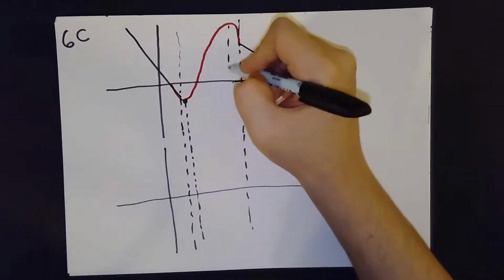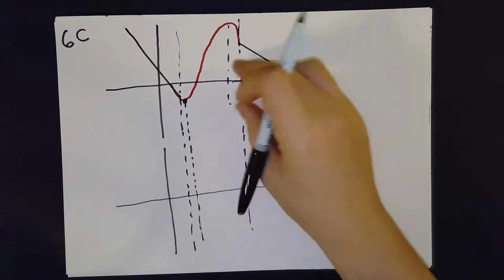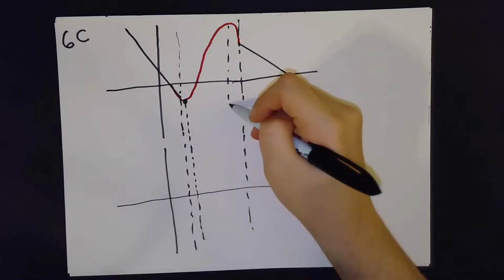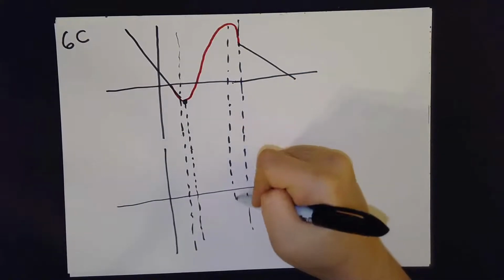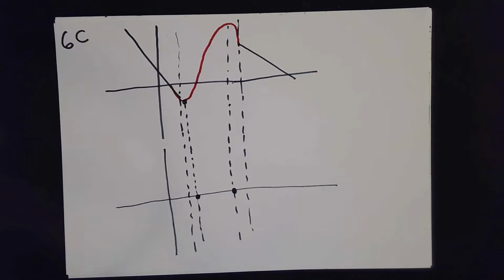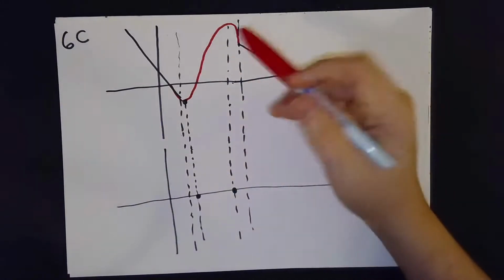So these spots where the derivative is 0 give you directly points on the graph of the derivative. So that and that are points on the graph of the derivative. Okay, so let's figure out what the derivative of the red piece looks like now.